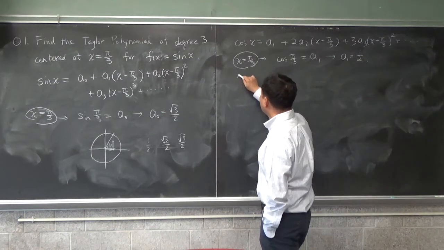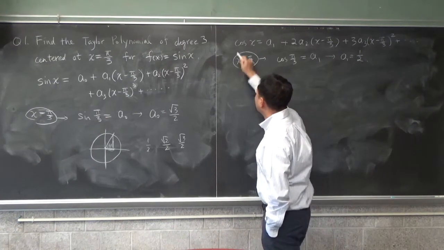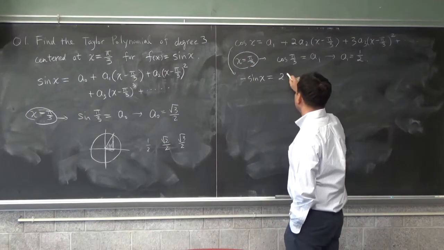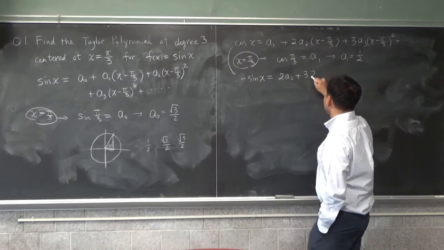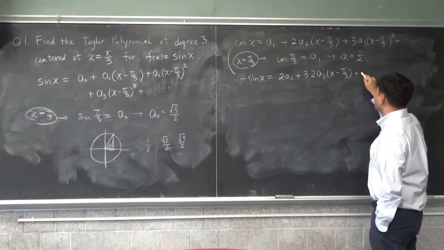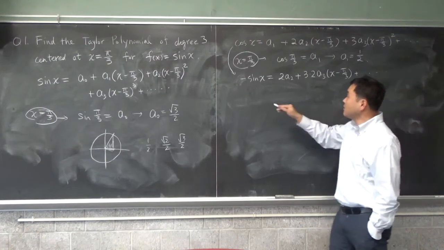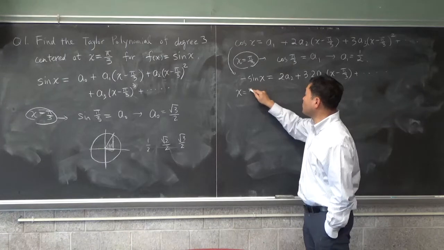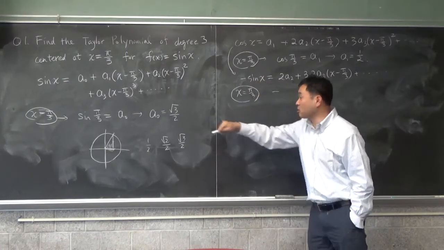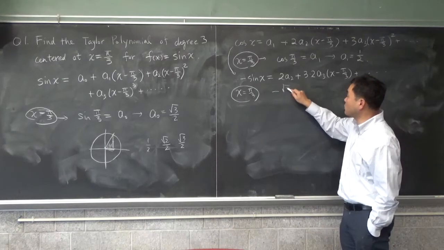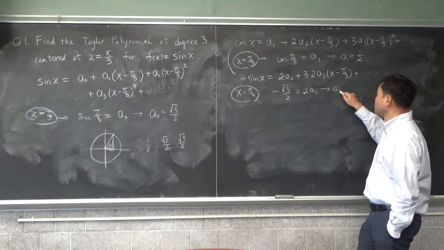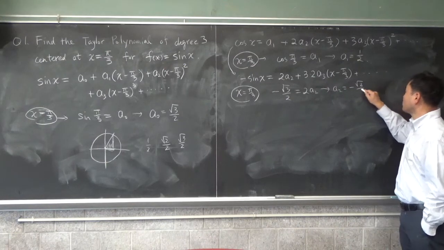Then you differentiate again, and you get negative sine x equals 2a2 plus 3 times 2a3 (x minus pi over 3) plus so on. You plug in x equals pi over 3 again, and sine pi over 3 is radical 3 over 2, so negative radical 3 over 2 equals 2a2, so a2 is negative radical 3 over 4.